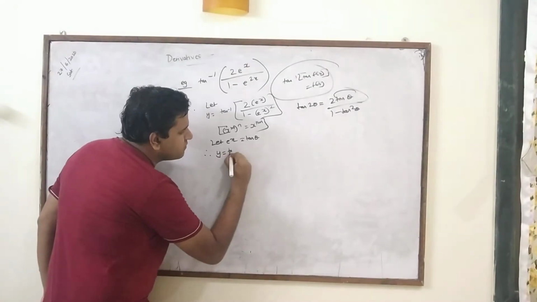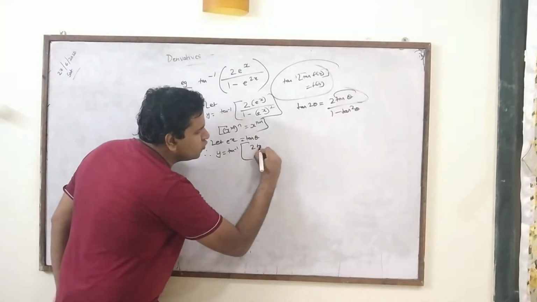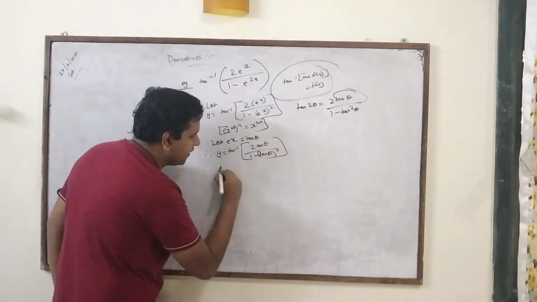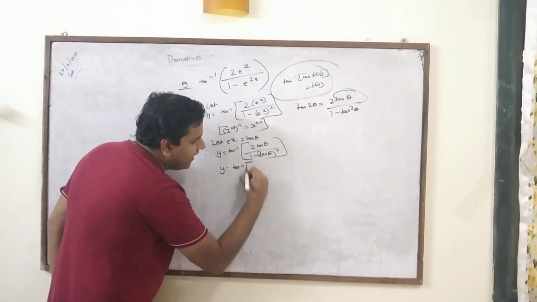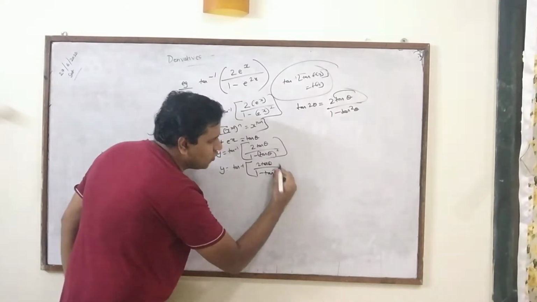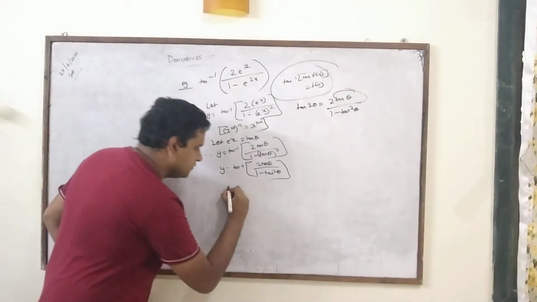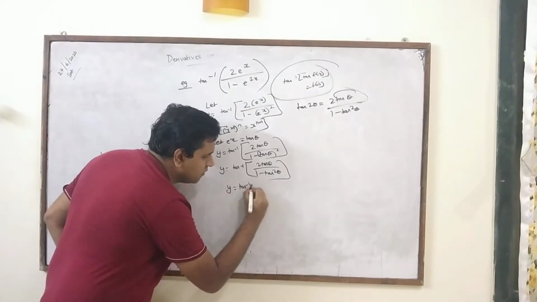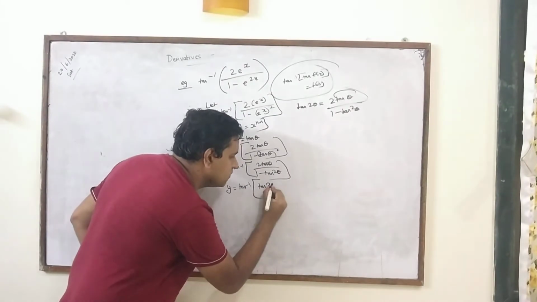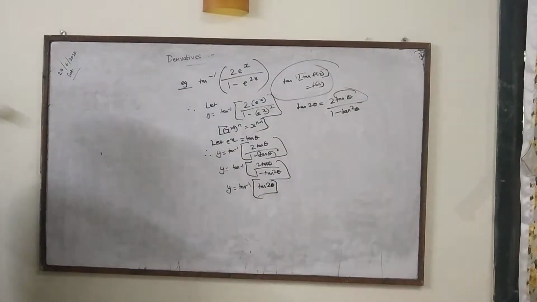Therefore, y becomes tan inverse 2 tan theta upon 1 minus tan square theta. y becomes tan inverse tan of 2 theta.